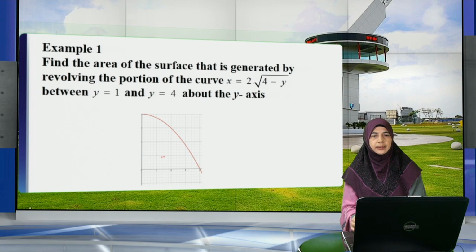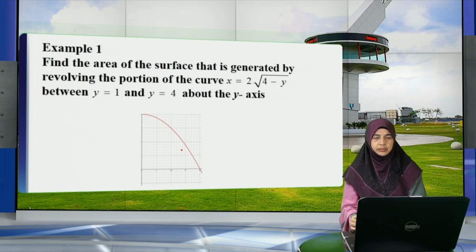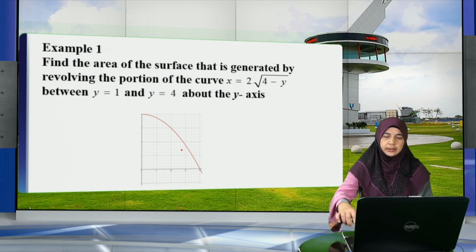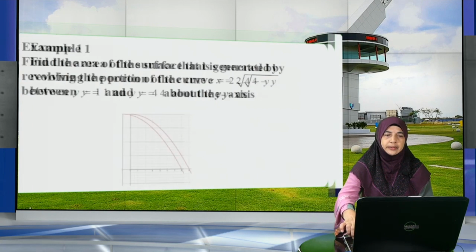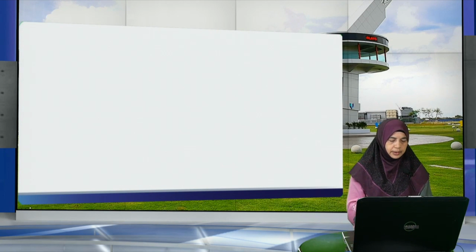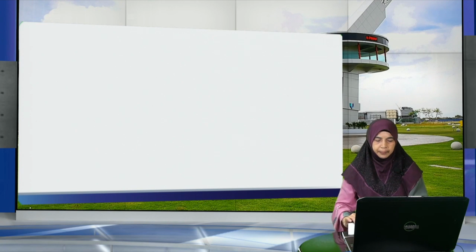So y equivalent to 1, so this part here, until y equivalent to 4. 1, 2, 3, 4, until this one here. Okay, so portion of this we want to find the surface area of revolution. Now let's look at that problem and try to solve it.